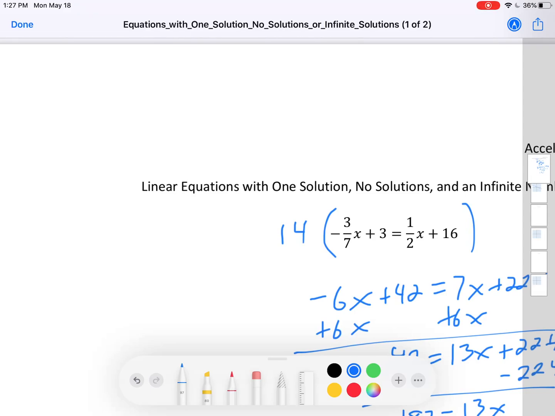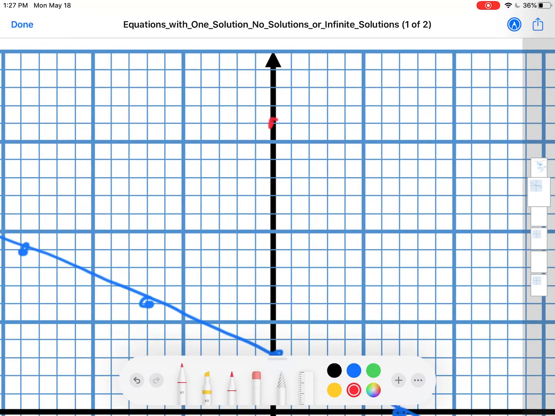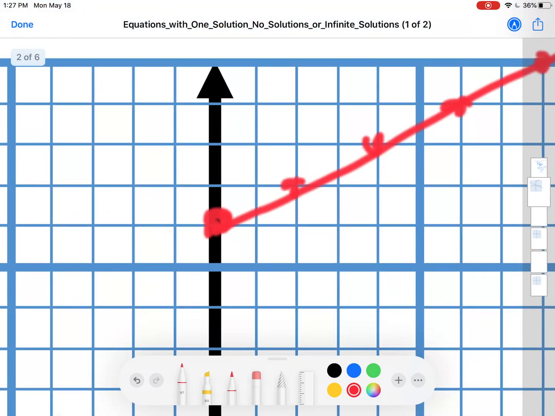1/2 x plus 16. Okay, I'll just change colors. 16 is way up here. And it's positive 1/2. 1/2 is less than 1, so I'll go more to the right than I go up. And I'd just like to show you this. See the way it goes up less than 1 whole?